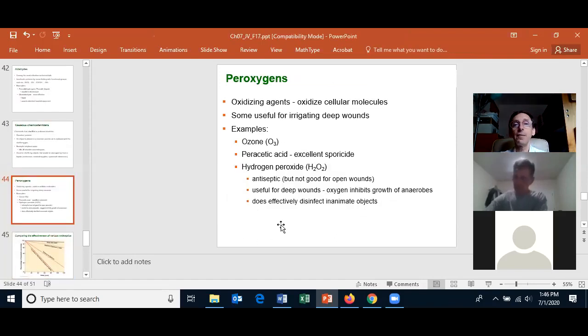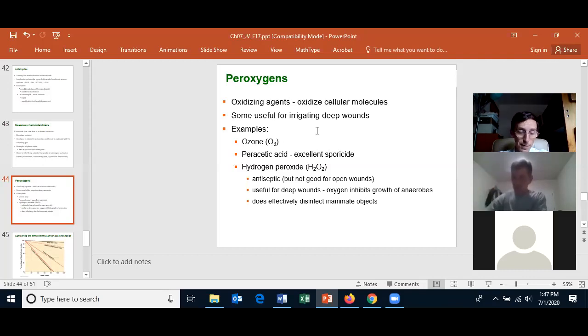Peroxygens, this is the one chemical disinfectant besides ethylene oxide gas which can kill endospores. They're oxidizing agents, oxidize cellular molecules, and they can be useful for irrigating deep wounds.